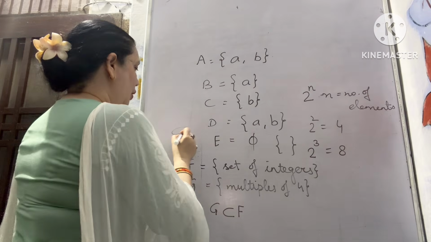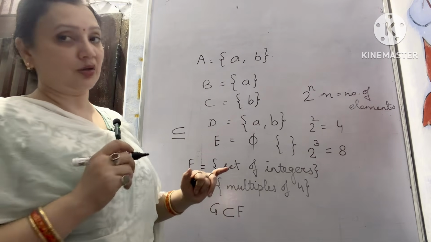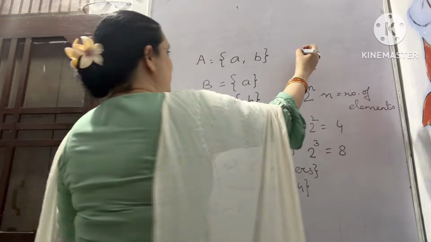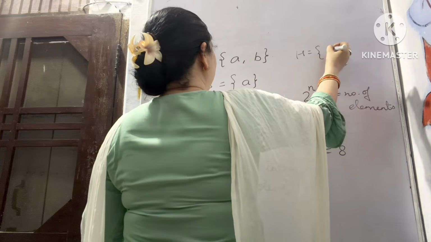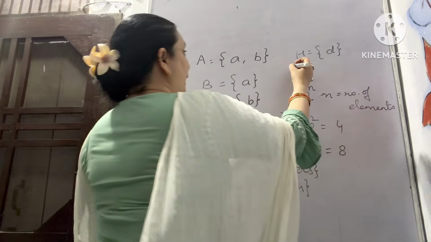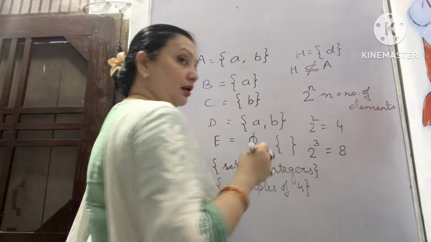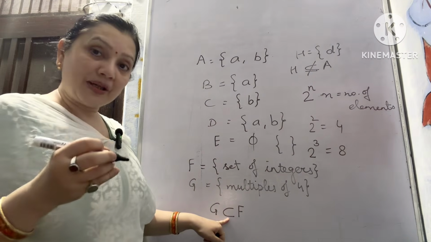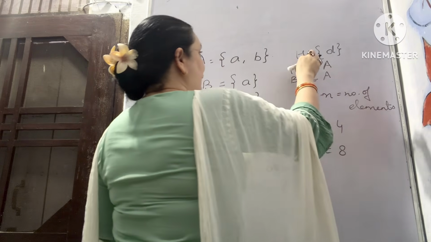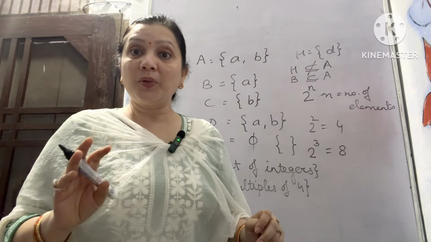In subset I wrote this line below because this is proper subset, so this line is not there. Now suppose there is a set H which has element D. Is D in the main set? No. So H is not a subset of A. So this is a proper subset, B is a subset of A, and H is not a subset of A. I hope you have understood this.